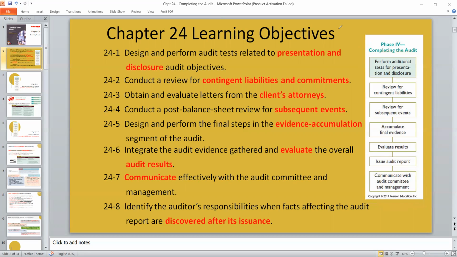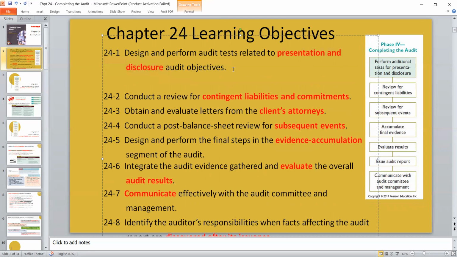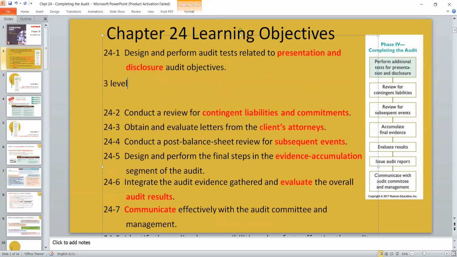Firstly, take a look at the presentation and disclosure audit objective. If you still remember, there are 3 levels of audit objectives. Firstly, the transaction class, then the balance class, and the last is the presentation and disclosure class.